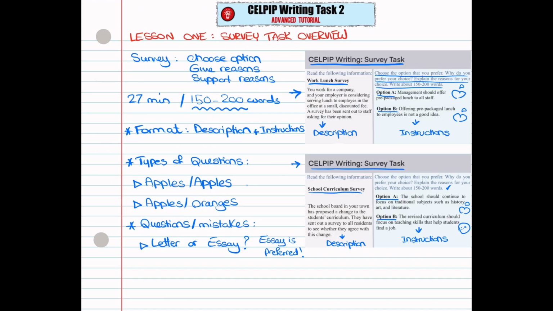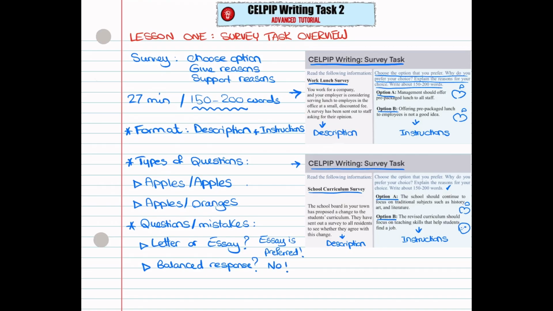The next question I often get is whether we're allowed to write a balanced response in which we agree with both of the options or perhaps reject both of them. Now, while this can seem like thinking outside the box and evidence of critical thinking, I strongly advise against it.